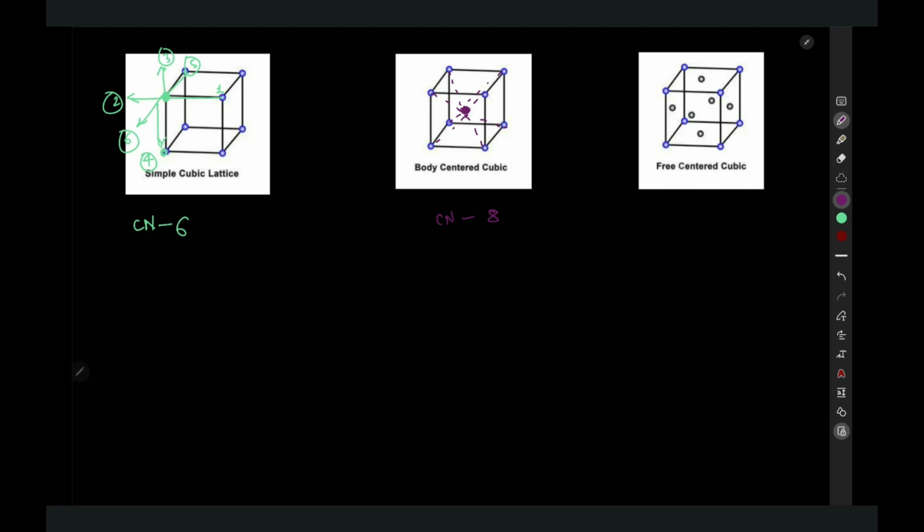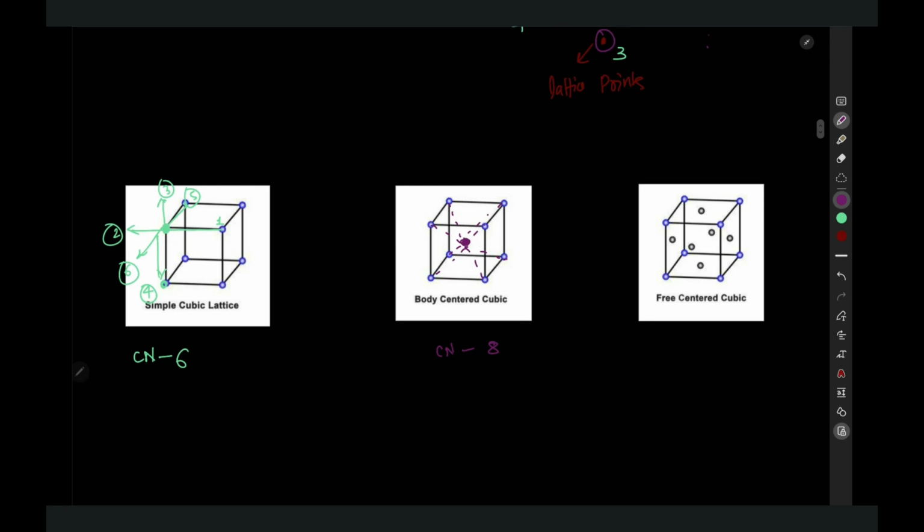For face centered, if we extend this direction in 3-dimensional, the structure will be like this. If we want to calculate the coordination number of this yellow atom, we know that in FCC the closest pack is along the face center. So the closest atoms will be these in this plane, and 4 atoms will be in the front side also.